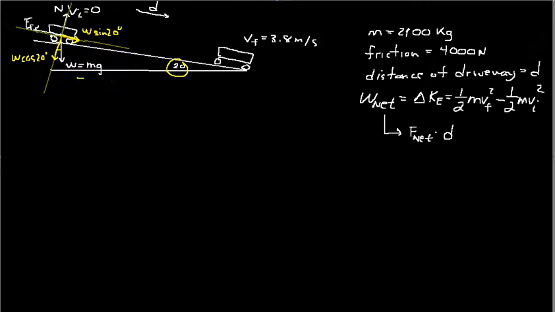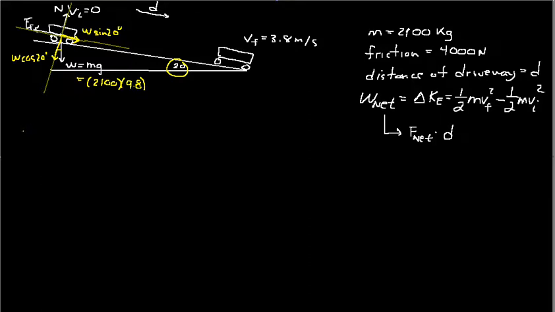So what was the weight? Its mass was 2100 times 9.8. Whatever that value comes out to, that's the weight. We take that times the sine of 20 to get the force component of the weight down the ramp.